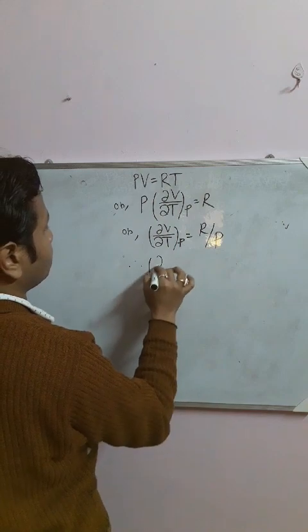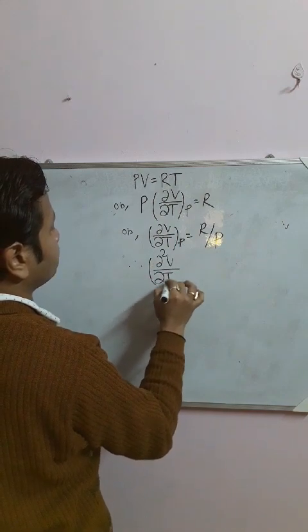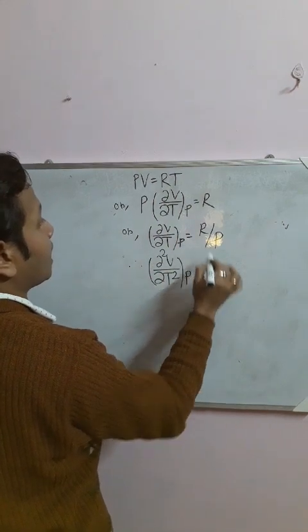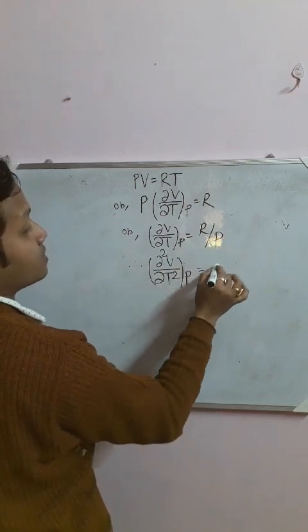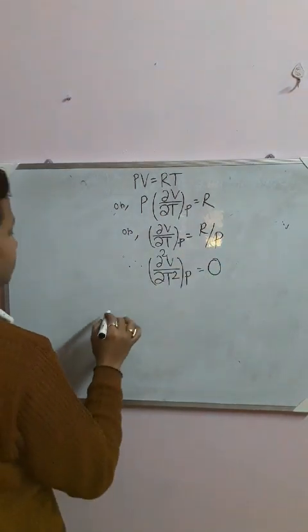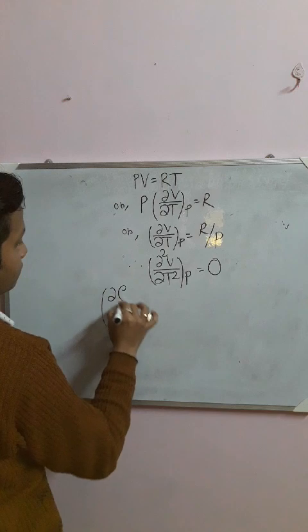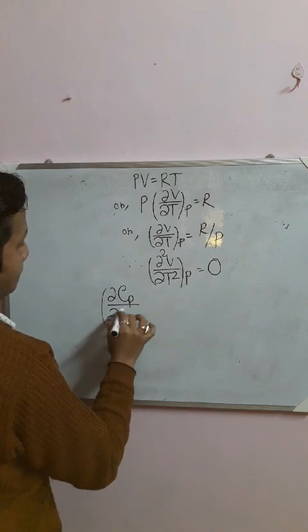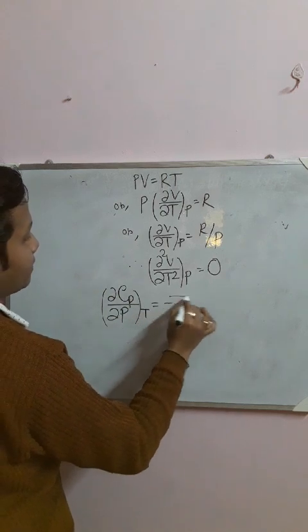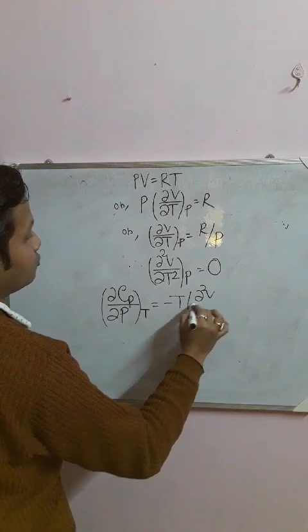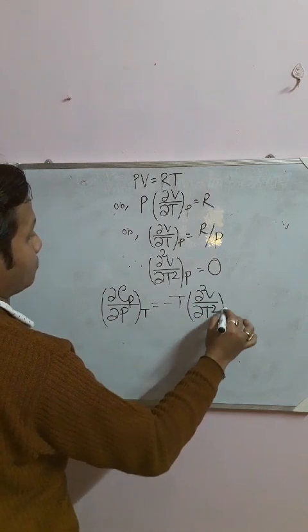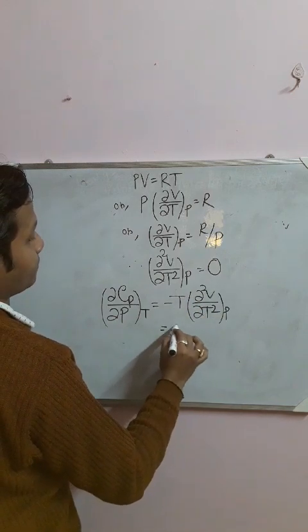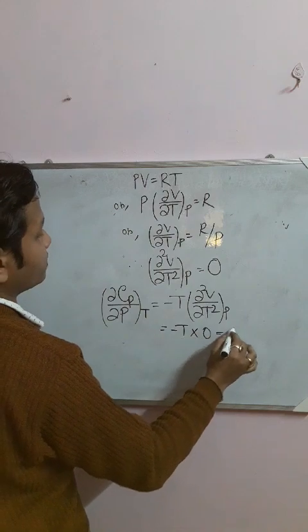So what will del 2V del T2 at constant pressure be? R is already constant, and since pressure is constant, this is 0. So what will be the variation of Cp with pressure? This is simply minus T into del 2V del T2 at constant pressure, that means minus T into 0, which means 0.